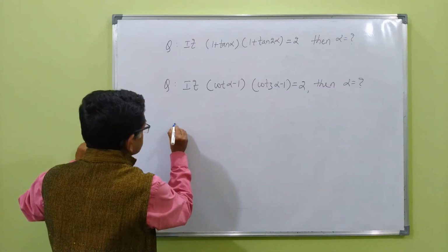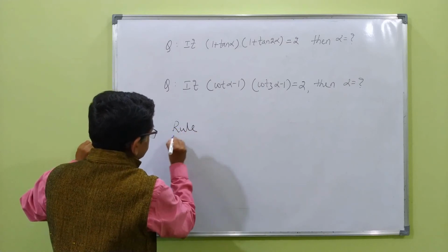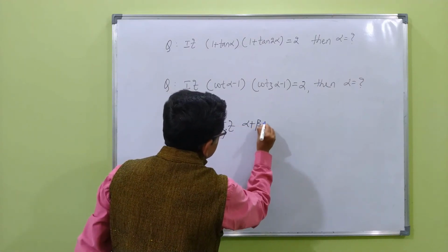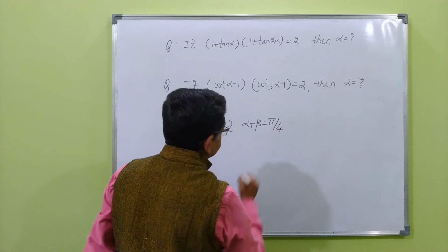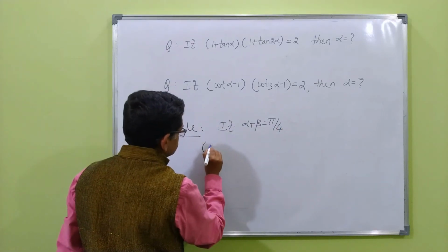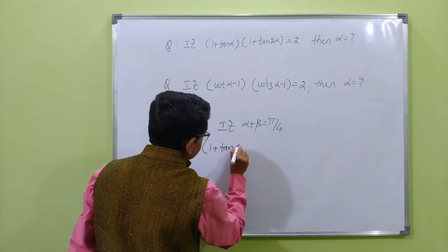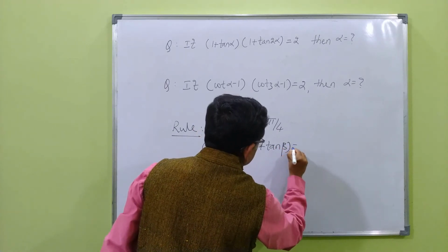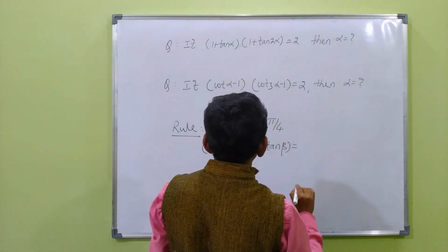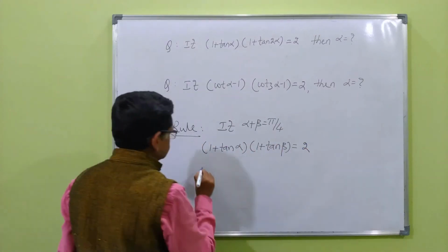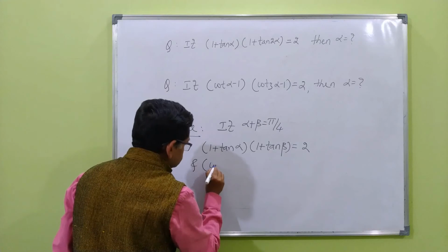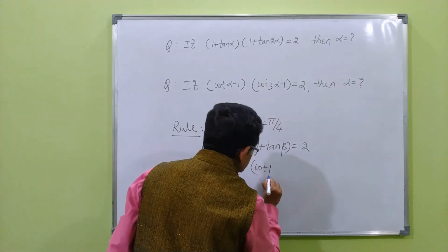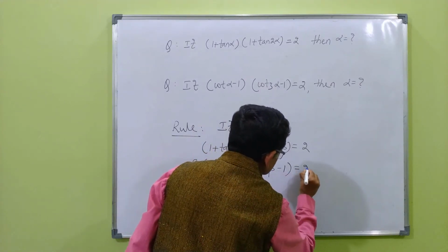See, the formula is: if α + β is equal to π/4, then (1 + tan α)(1 + tan β) is equal to 2, and (cot α - 1)(cot β - 1) is equal to 2.